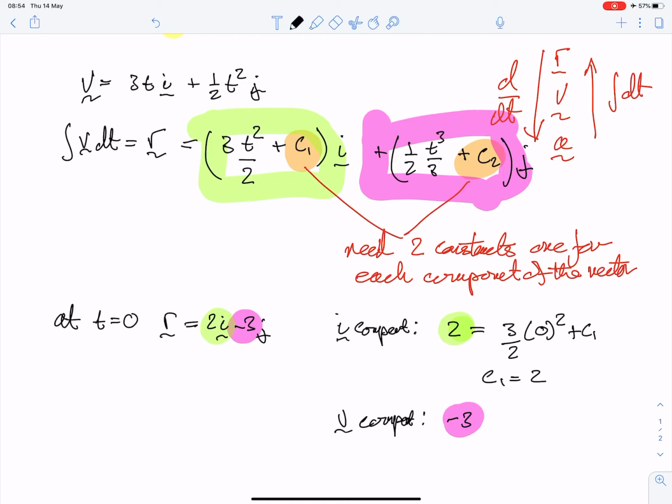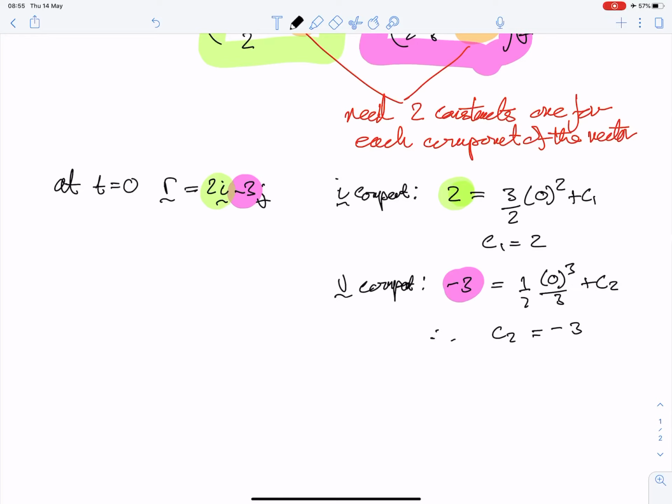So we've got minus 3 equals a half of 0 cubed over 3 plus c2. Therefore, c2 equals minus 3. Right.